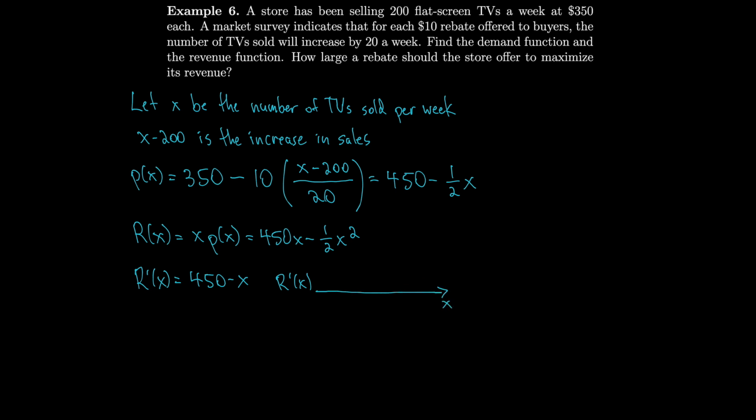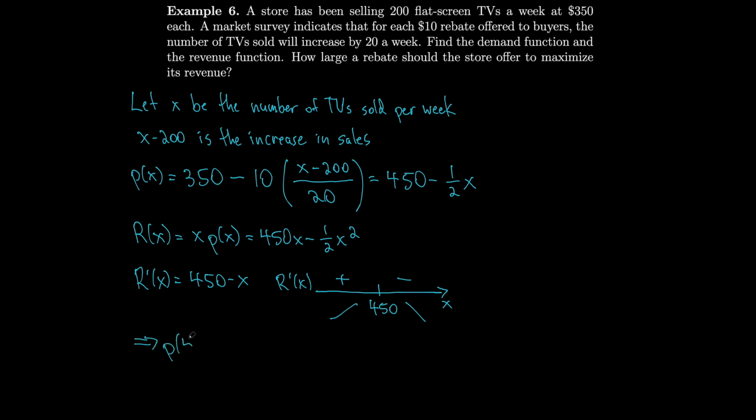Clearly that's at 450. If you go below 450, then it's positive, and if you go above 450, then it's negative. So we have an absolute maximum over there by the test that we did before.